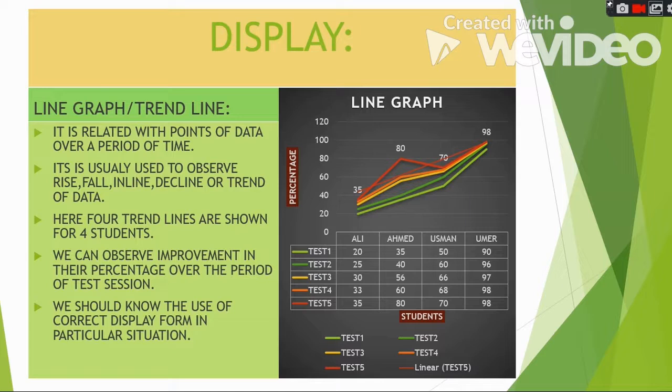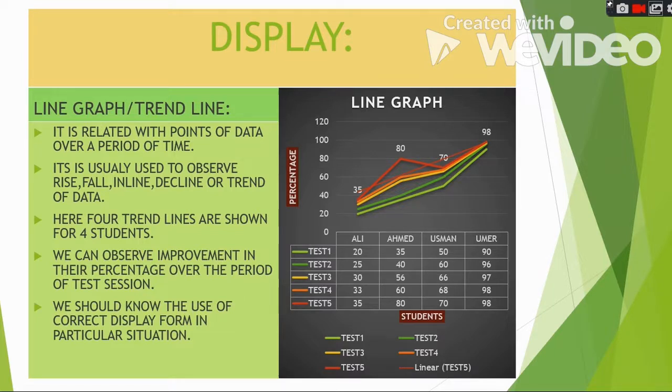That's why shortly it is called trend line, because it gives us the trend, whether it is an increasing or falling pattern, incline or decline. Here 5 lines are shown. We can observe improvement in their percentage over the period of the test session.